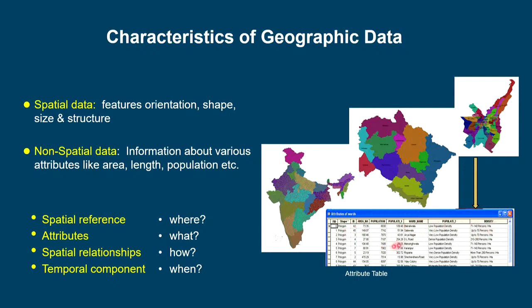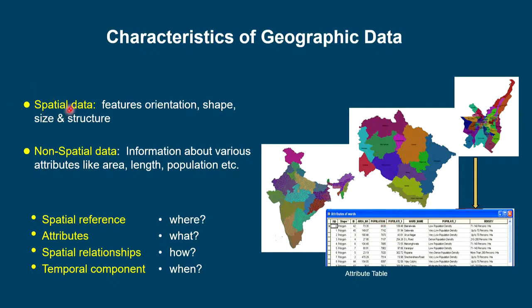So sometimes it is also called tabular data, attribute data, or non-spatial data, because the location of the data set is not mentioned in the attribute tables. That's why it is also called non-spatial data. So you can classify the data as spatial and non-spatial, where non-spatial data you can call attribute data or tabular data sets.